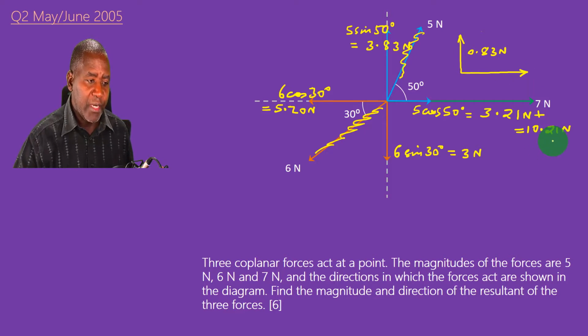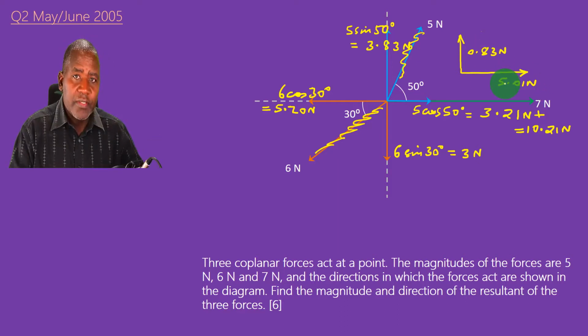And should be 10.21 minus 5.20, and I get 5.01 newtons. These two forces are the two components of the resultant force: the horizontal component and the vertical component.